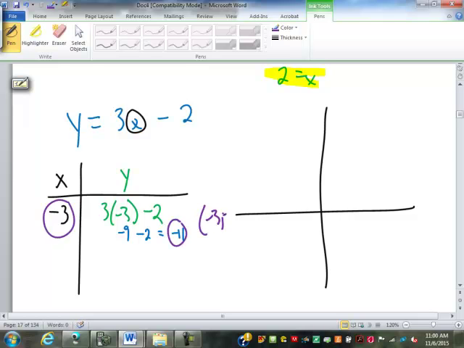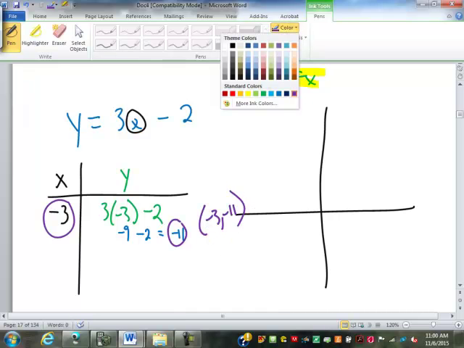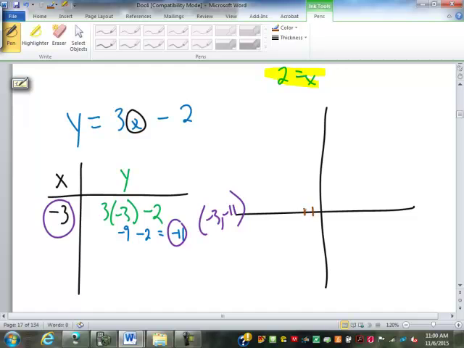So we have -3, -11. So on my graph, -3, -11. Somewhere in there, there's a point. If we have a grid in front of us that might be off our grid, that doesn't matter. We'll find other points that will be on the grid.